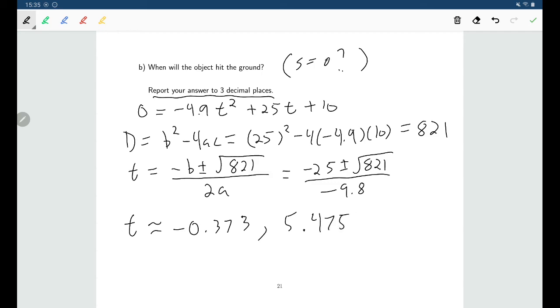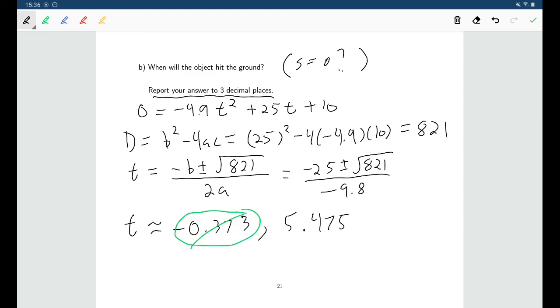5.475. Now, one of these solutions doesn't really make sense. The negative 0.373 would be negative 0.3 seconds before we throw the rock. That doesn't make any sense. Time, we said, needs to be at least 0, since we're starting from time equals 0 when we throw our rock.